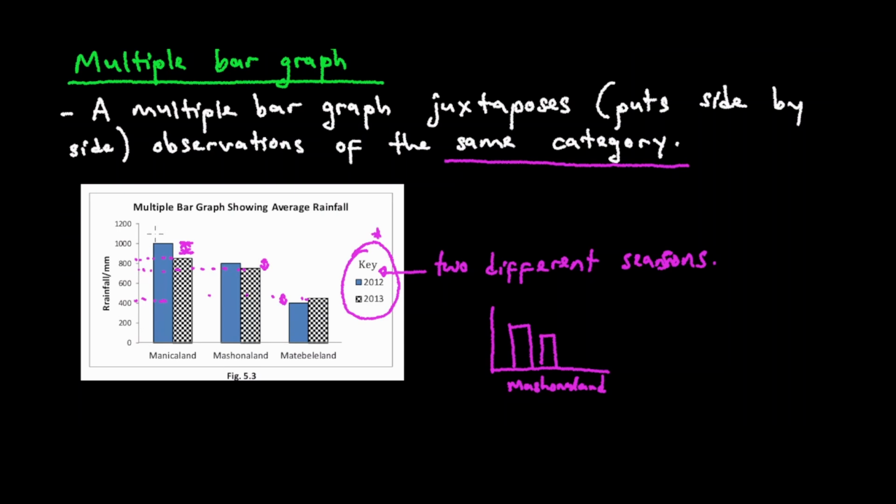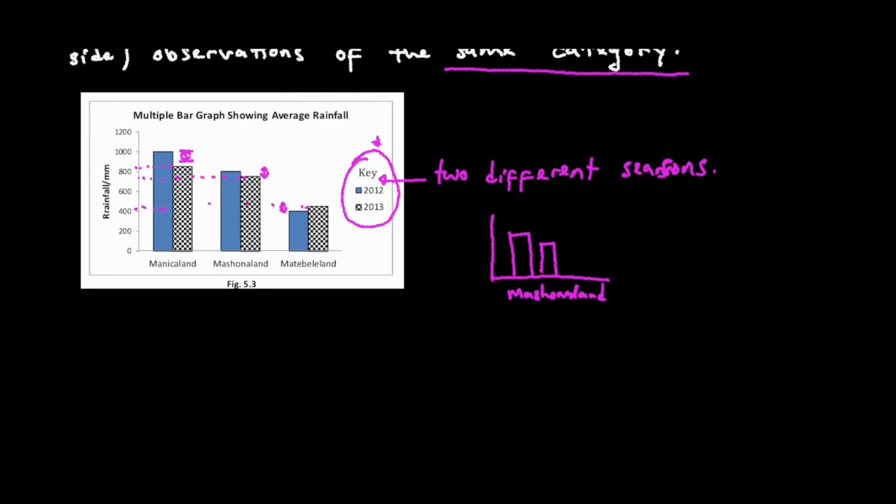So this is the multiple bar graph which is showing average rainfall. What about a component bar graph? Let us look at what we refer to as a component bar graph.